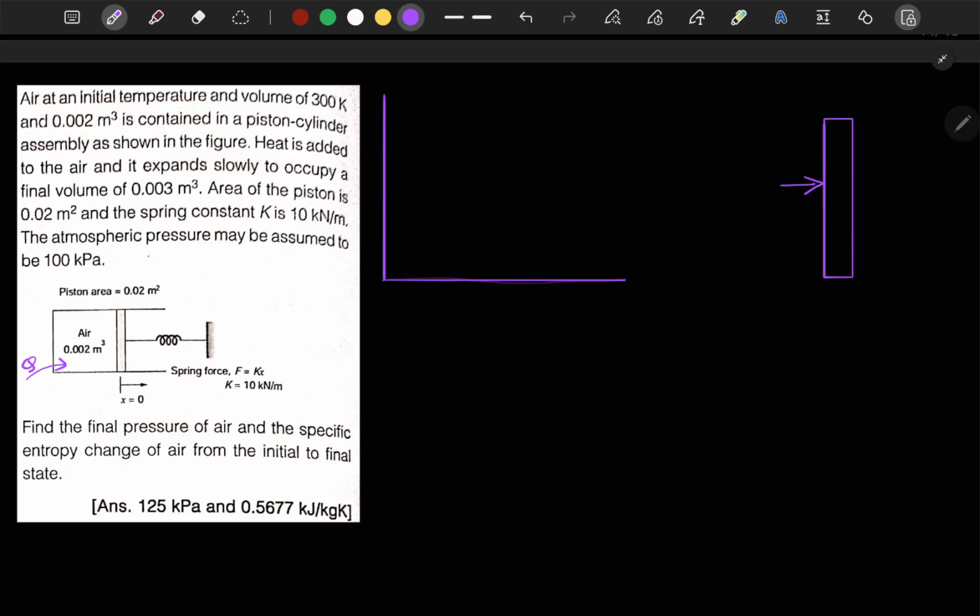The initial location is 1, which has a volume of 0.002 meter cube, and the initial pressure is P1.